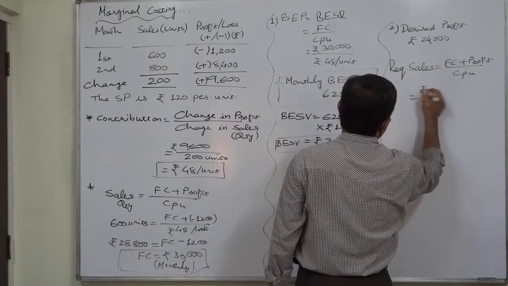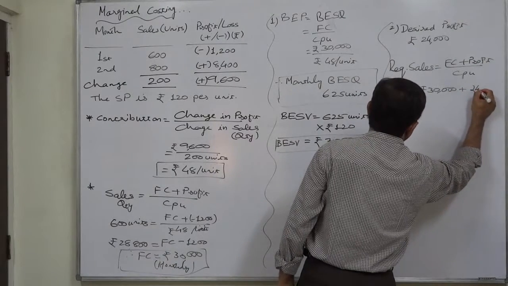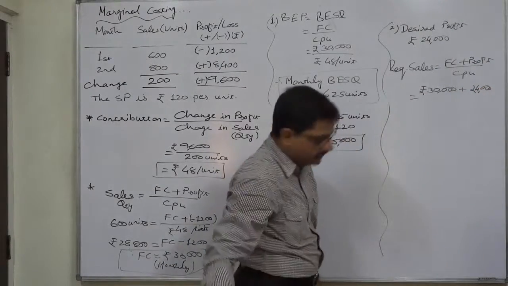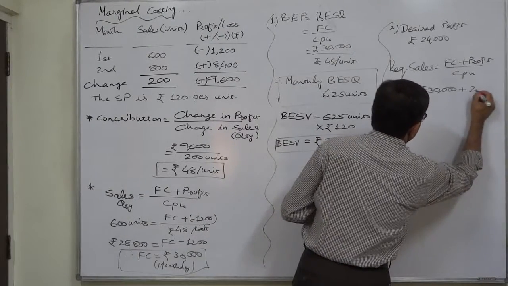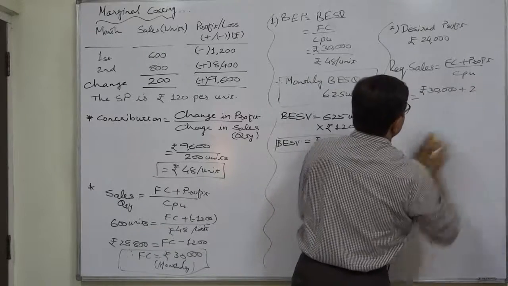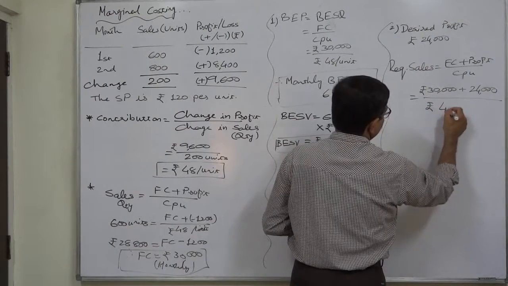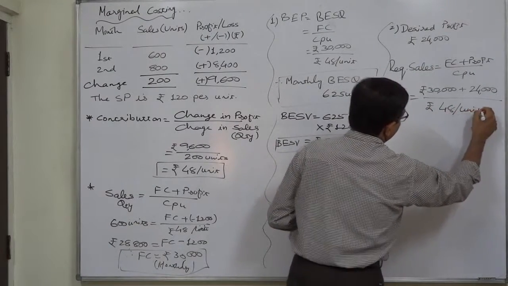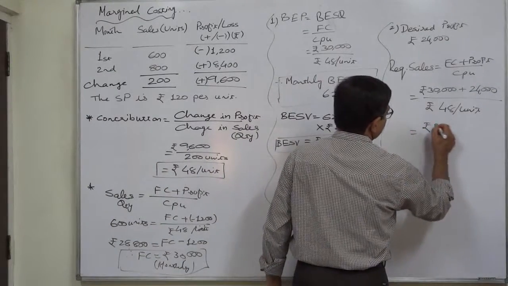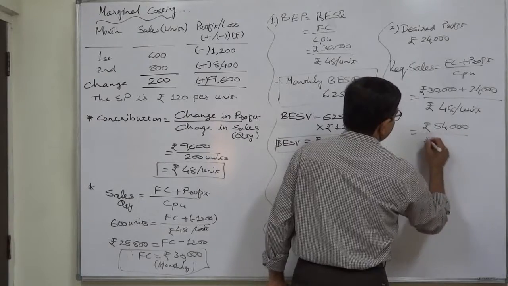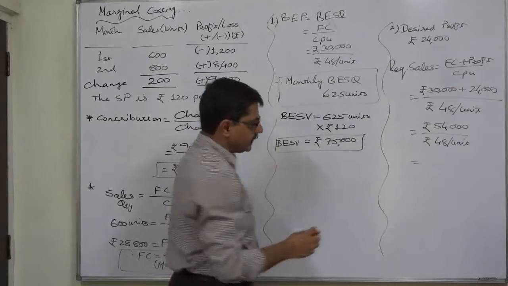Fixed cost we found is 30,000 per month plus profit desired in this case is rupees 24,000. Another meaning of this is we desire a total contribution of rupees 54,000, which we are going to earn at the rate of rupees 48 per unit. Rupees 54,000 divided by rupees 48 per unit.